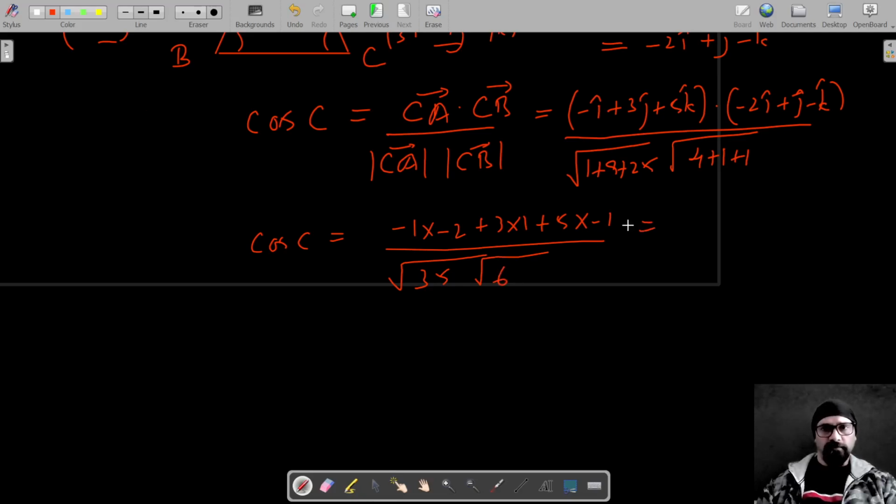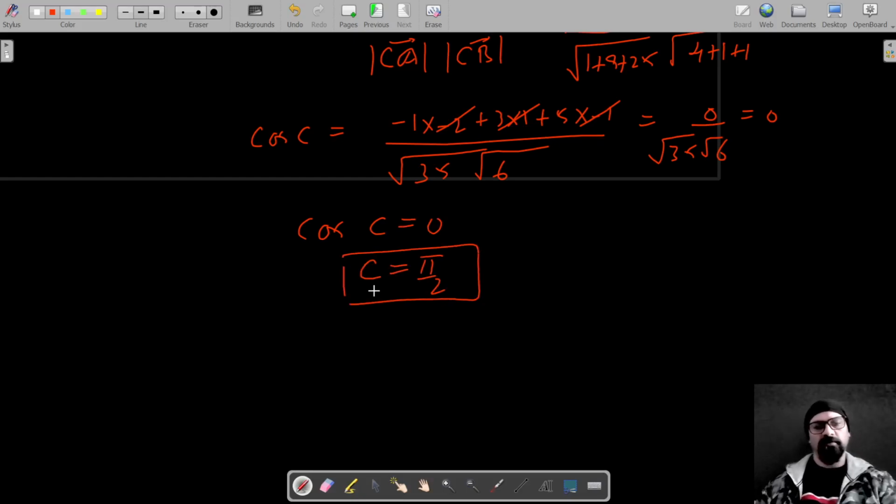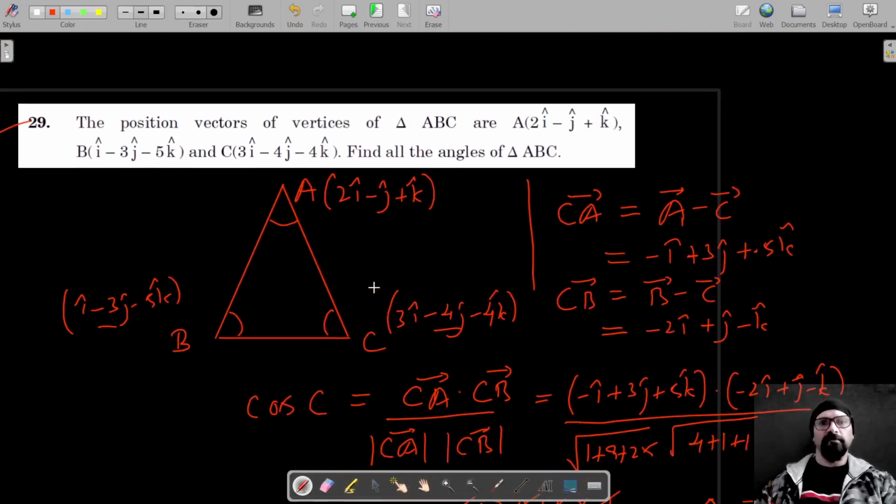This is equal to 2 plus 3 minus 5, which is equal to 0. So cos C is equal to 0. That means C is equal to pi by 2. So that means this is a right angle triangle, and we have got all the angles for the triangle ABC.